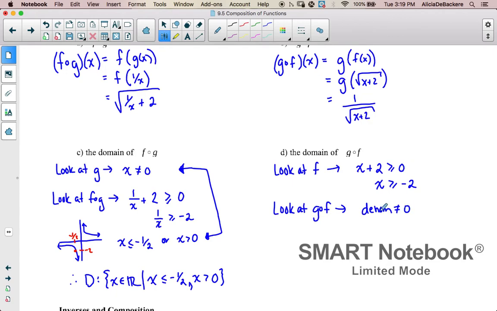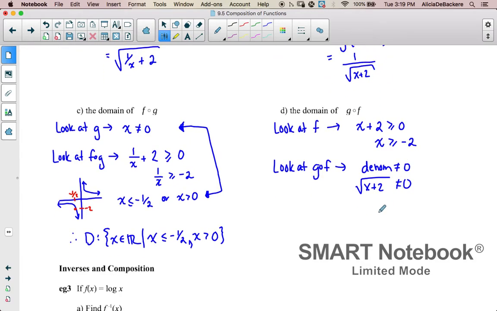When I'm looking at a rational function, the denominator can't equal 0. So here what I get is root of x plus 2 can't equal 0. Now I'm not going to worry about the fact that I can't take the square root of a negative, even though that is implied here. It's because I've already dealt with that when I looked at f on its own. So I've already taken care of the root in this function. If you hadn't, then you would have to consider that.